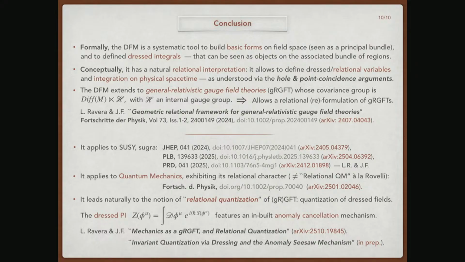And you can prove that when you have a dressing field as the one we proposed here, the dressed ghost becomes zero. It just vanishes, meaning that you trivialize entirely the BRST operation, and therefore you have an empty BRST cohomology on the dressed objects, which is natural because, as we said, the dressed objects are basic by definition, so they support no gauge transformation. So you have completely factored out the BRST cohomology.